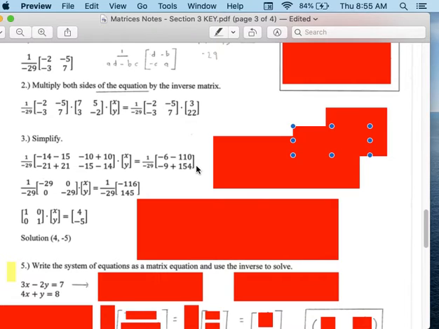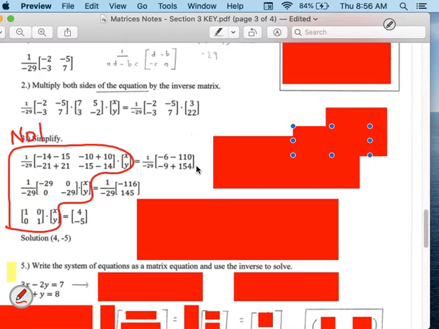So if you want to circle this on your paper right here, you do not have to simplify. On your homework today, you do not have to work out this side.